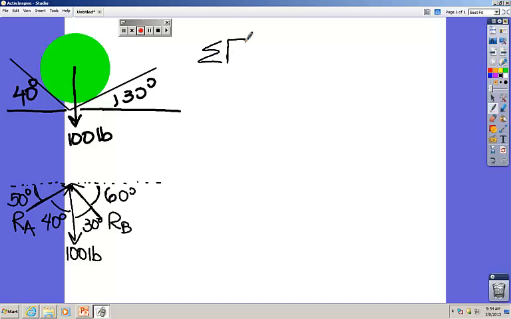So now we start writing the equations. Remember, we have two methods we're using right now: the sum of the forces x is equal to 0 and the sum of the forces y is equal to 0. So what has x components? RA has an x component and RB has an x component.